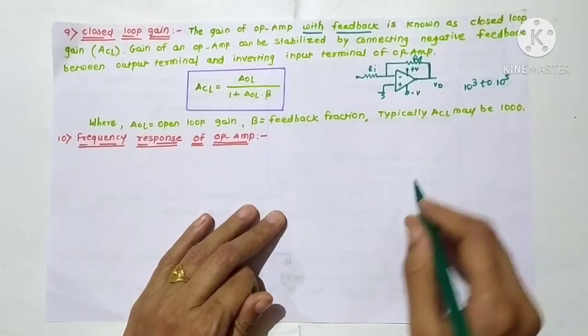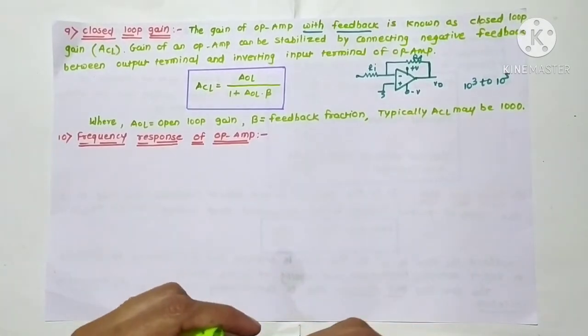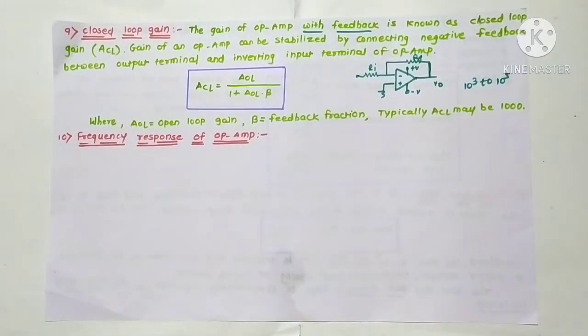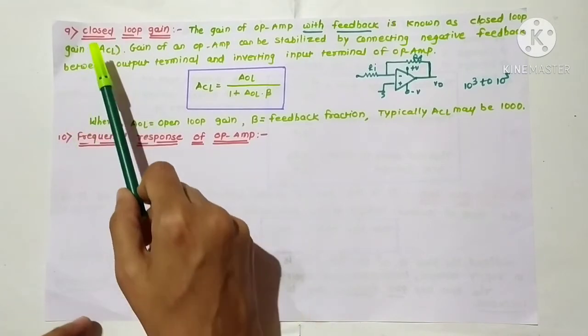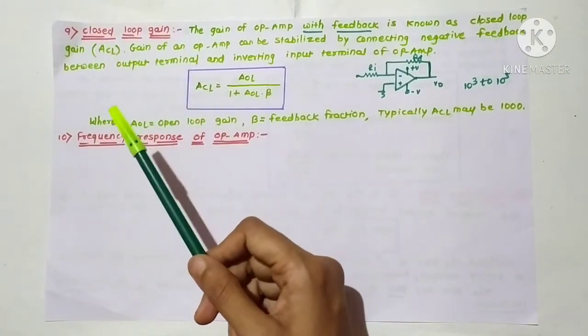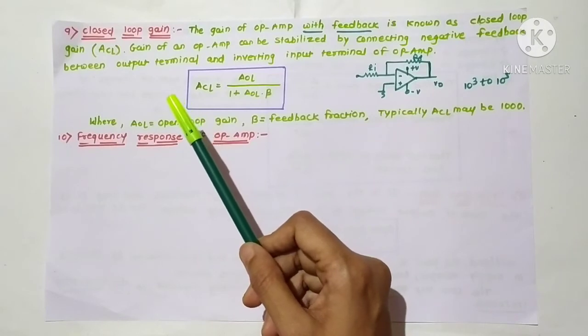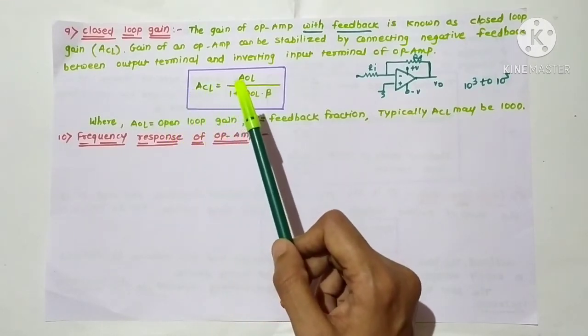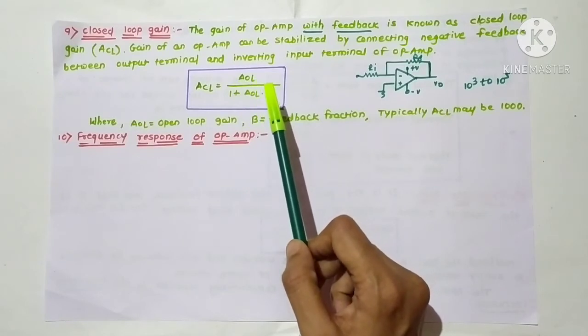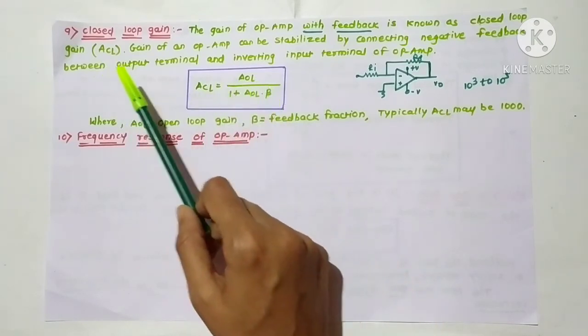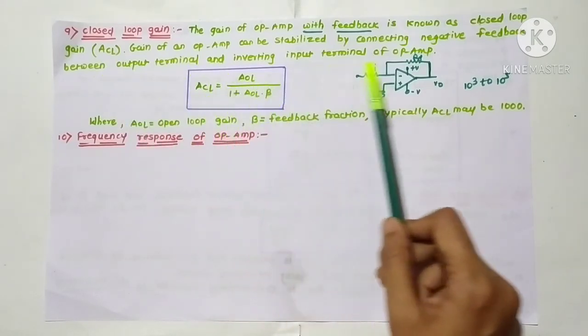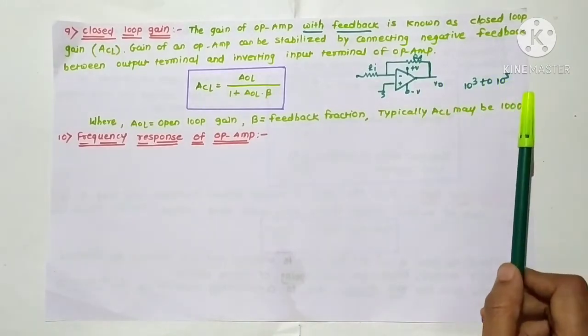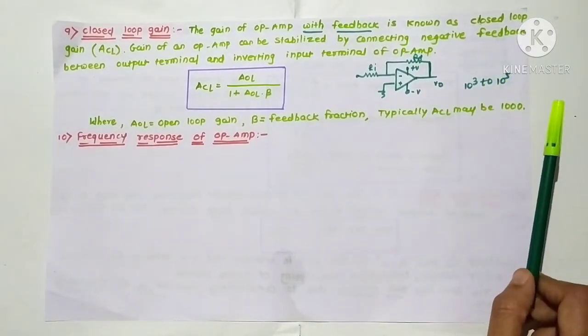Okay, students? So remember that in practical it may be asked, what is meant by closed loop gain, or explain any 3 parameters of an op-amp, or in the theory paper an MCQ type of question may be asked: what is meant by closed loop gain, or what is the value of closed loop gain, or closed loop gain lies in between dash dash range.